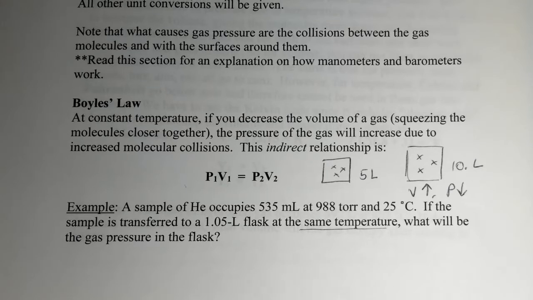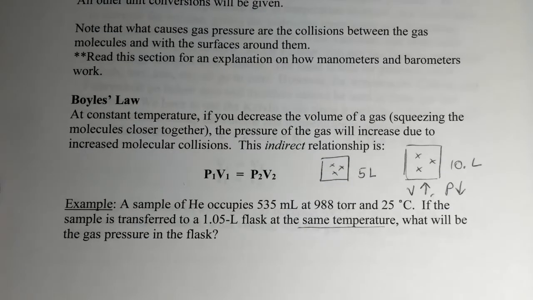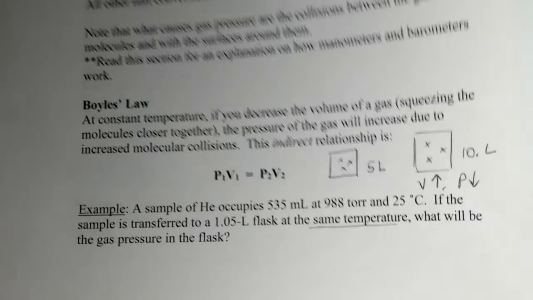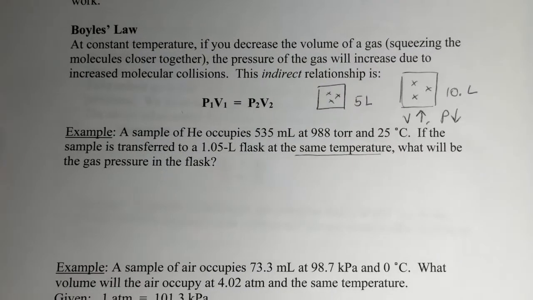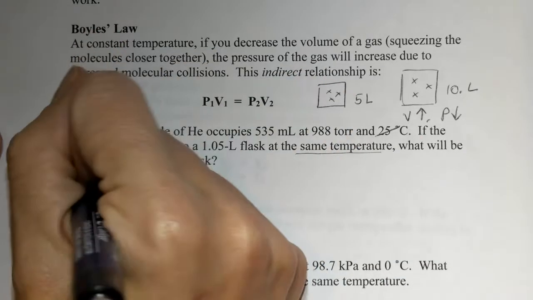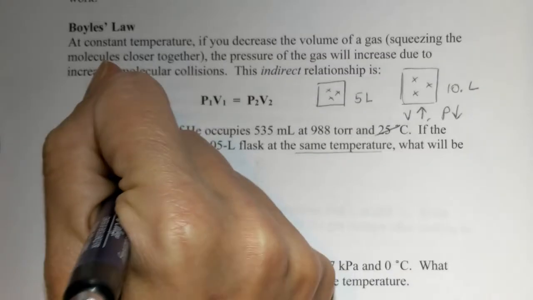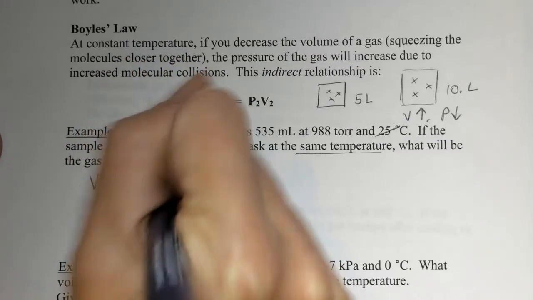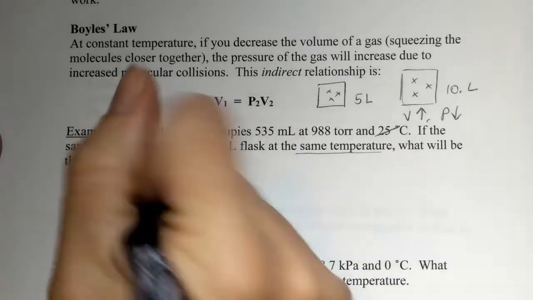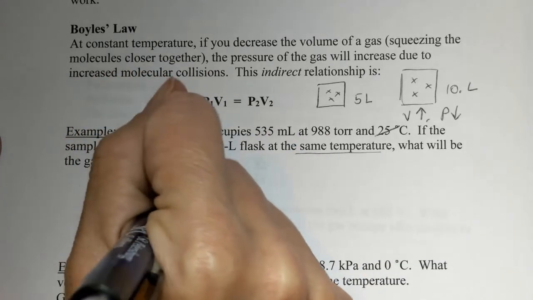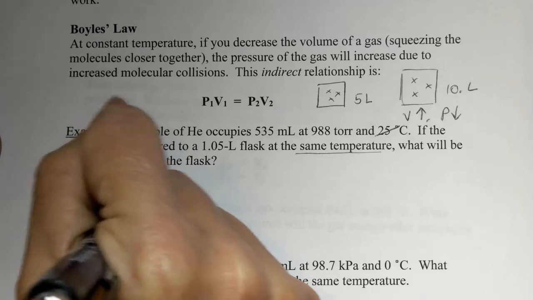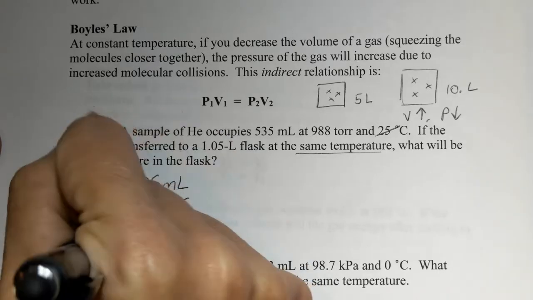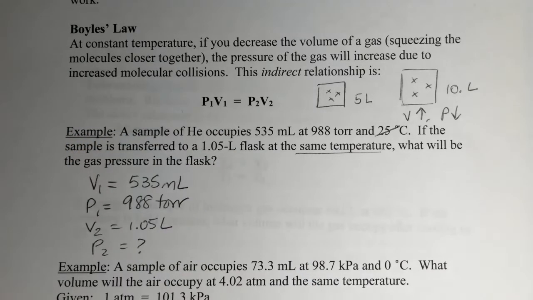So if temperature doesn't change, then it's not going to have any effect on the volume or the pressure, so we can ignore it. That just means we don't need to worry about temperature. So I have an initial volume of 535 milliliters. I've got an initial pressure of 988 torr. I've got a new volume of 1.05 liters, and I want to know what the new pressure is.